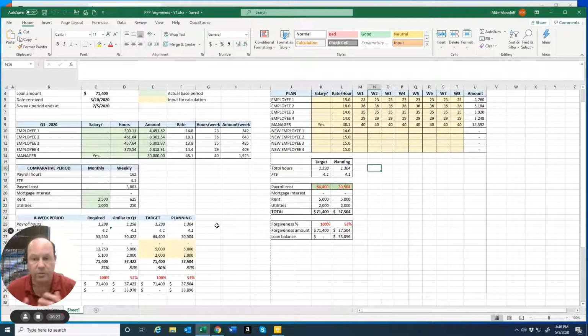You actually have to increase wages. Normally, how are you going to do that? It's going to be hiring more employees and getting enough hours in there. Because the owner, as an owner, the max you can take is $100,000 per year. Well, we got to do the new math on this one. It's not by month, it's over 8 weeks.